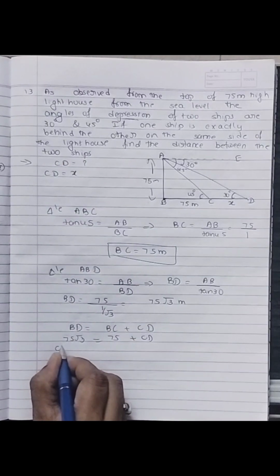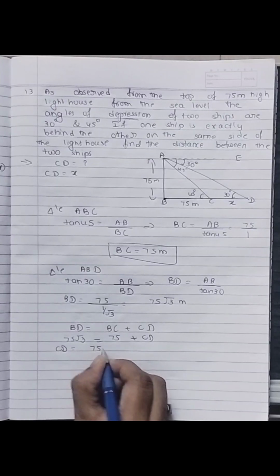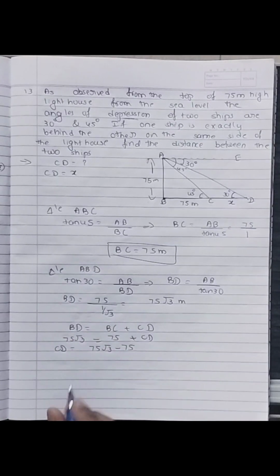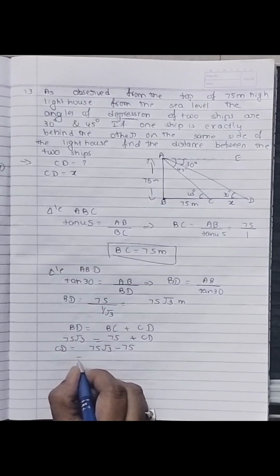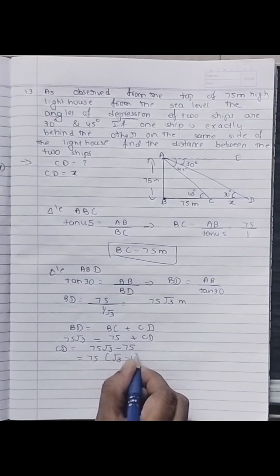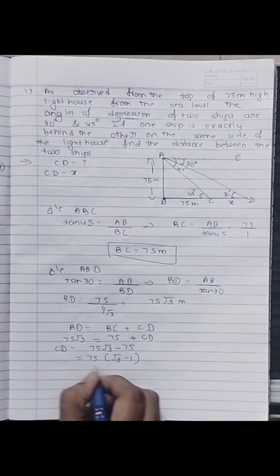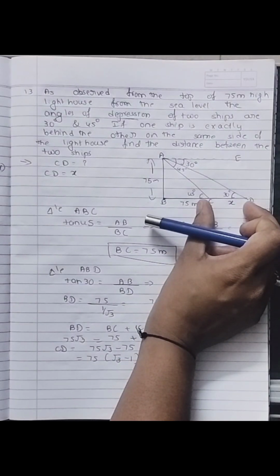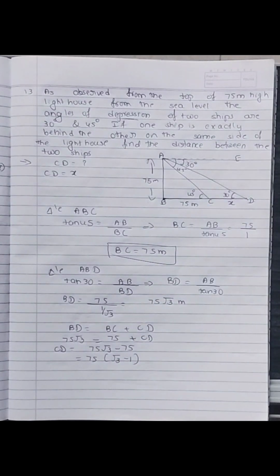So CD is equal to 75 root 3, bringing this 75 to the left side, it will be minus 75. So can we take 75 outside? So CD is equal to 75 into root 3 minus 1. So that is the difference or the distance between the two ships.